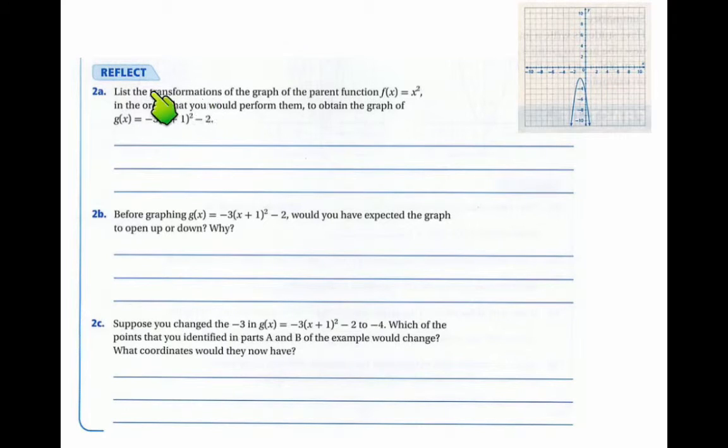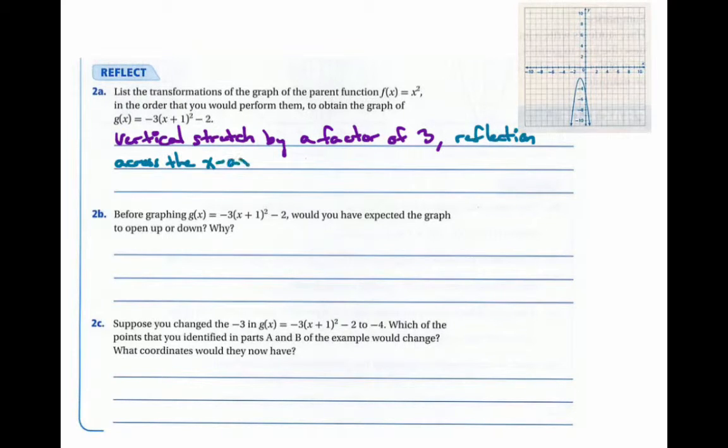Okay, so now it's asking us to list the transformations we would do in the order that we would do them. Well, the proper order is the first thing we would do is look at a, which is going to be a vertical stretch by a factor of 3. Our a is also negative, which means we would reflect across the x-axis. And now we could look at our h and our k.